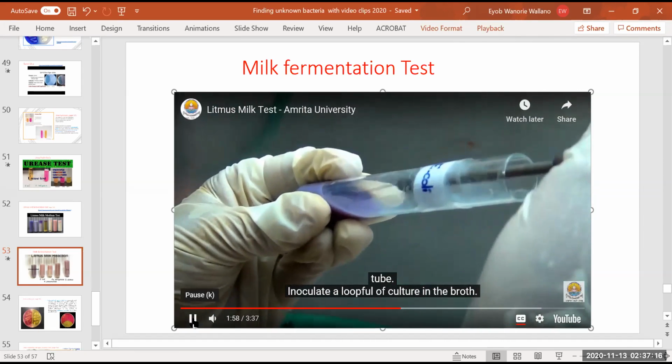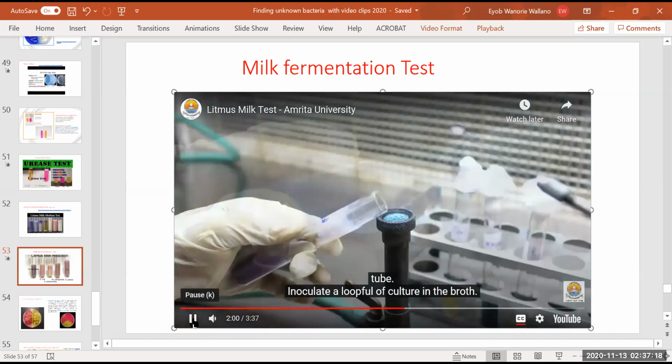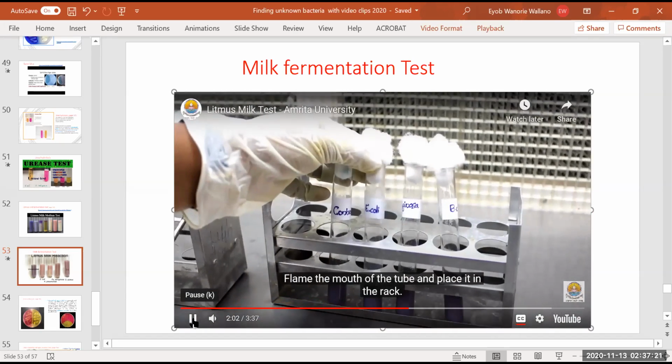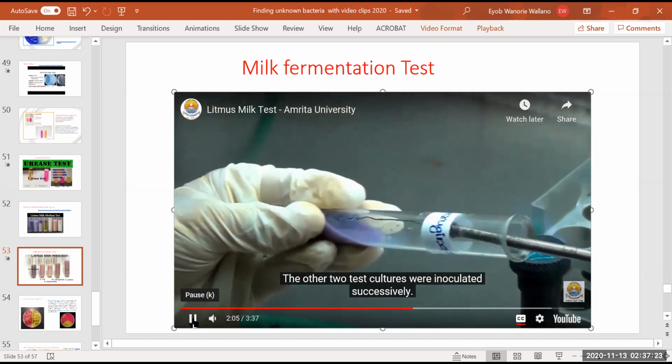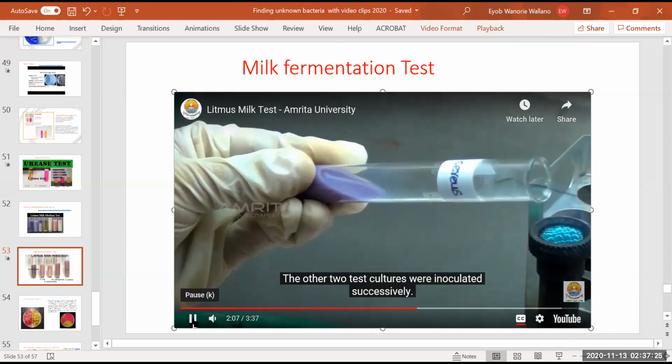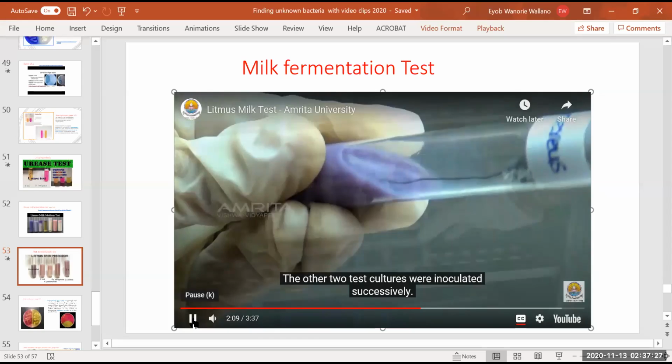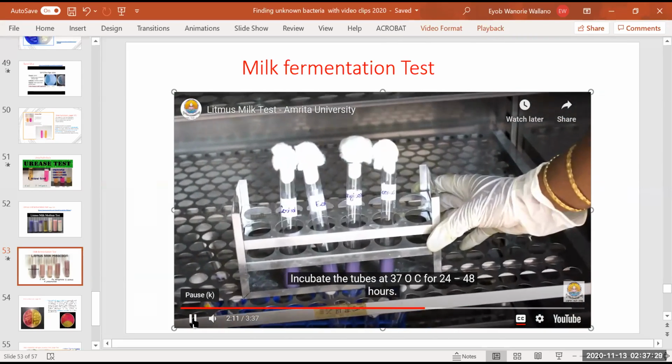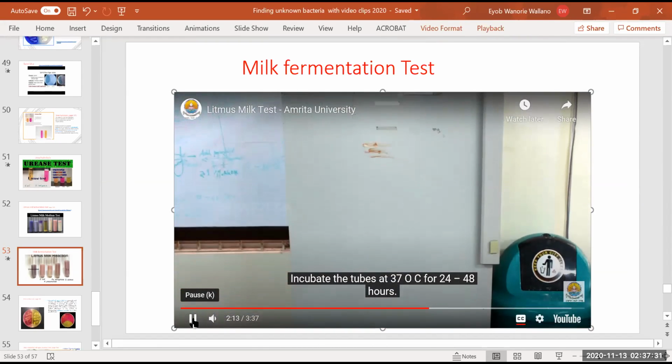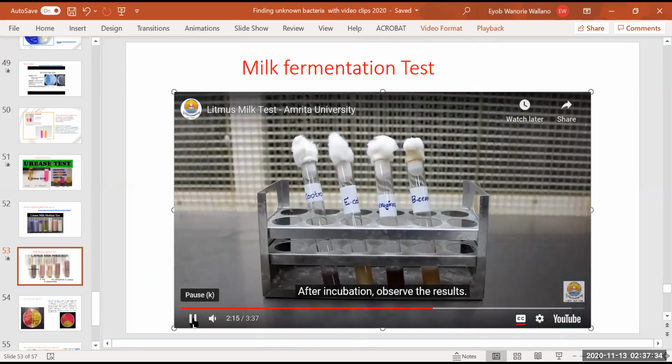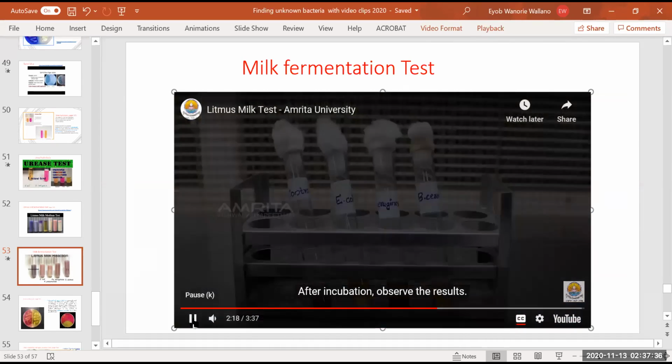Inoculate a loopful of culture in the broth. Flame the mouth of the tube and place it in the rack. The other 2 test cultures were inoculated successively. Incubate the tubes at 37 degrees Celsius for 24 to 48 hours. After incubation, observe the results.